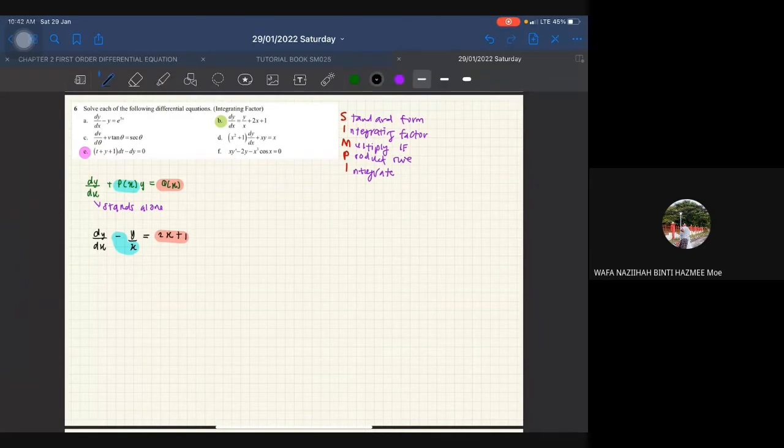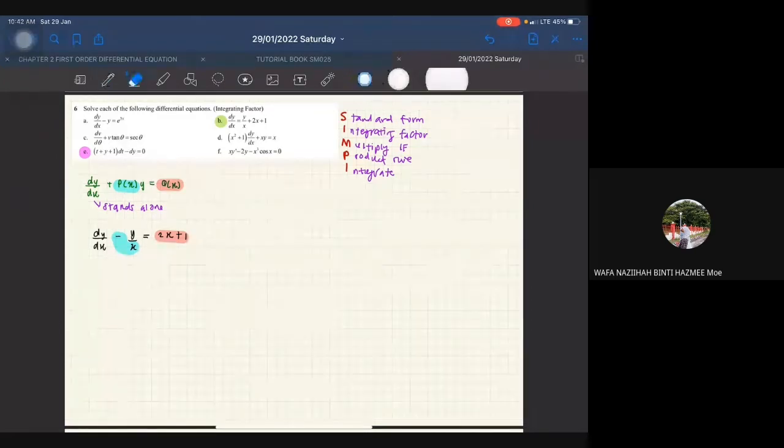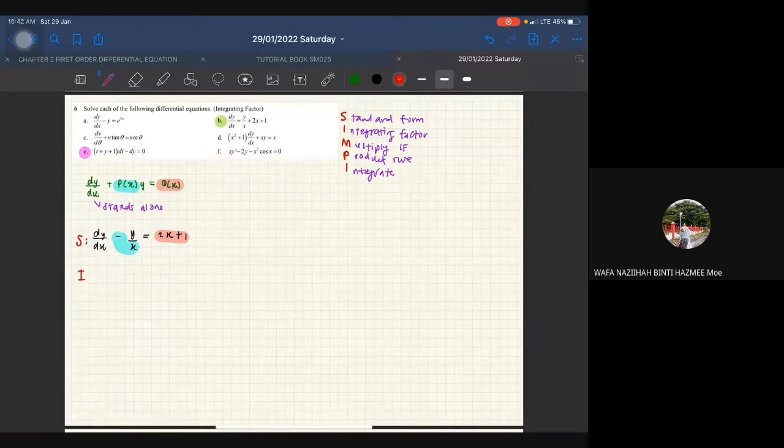Okay, so we have put it in standard form, which is the step S of SIMPI. Okay, so now we want to find the integrating factor. The symbol for integrating factor is v(x). So v(x) is equal to e to the power of the integral of p(x) dx.